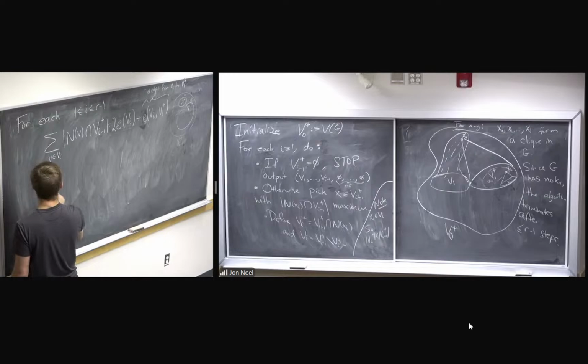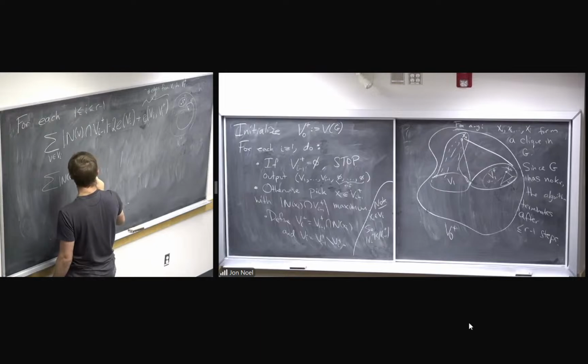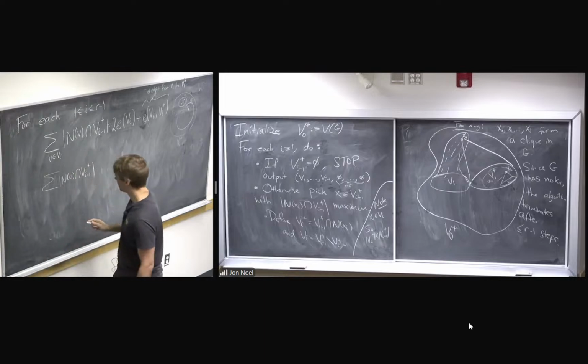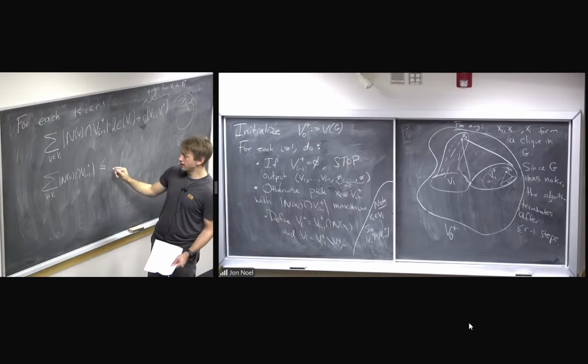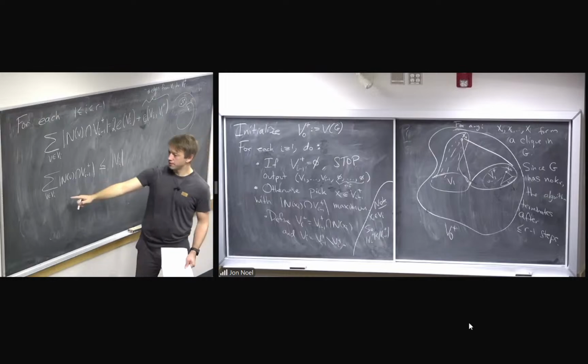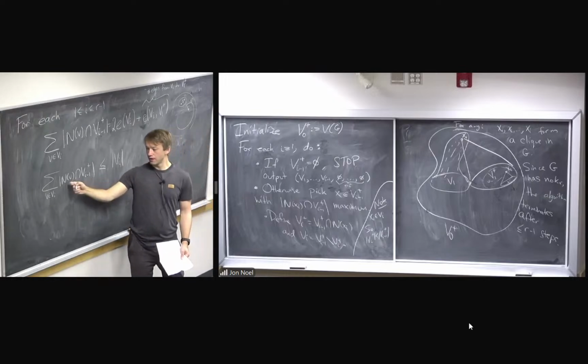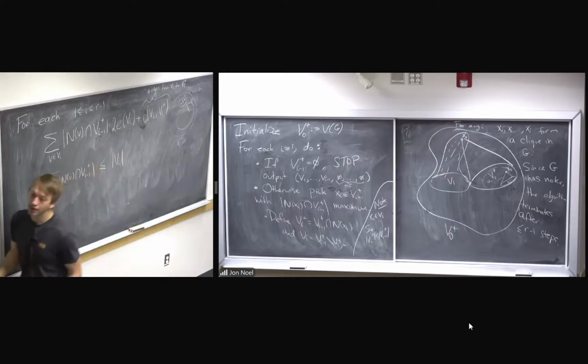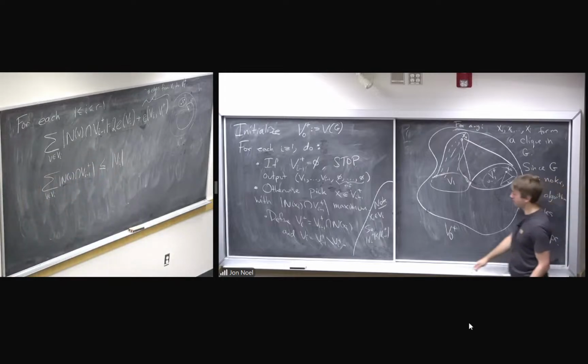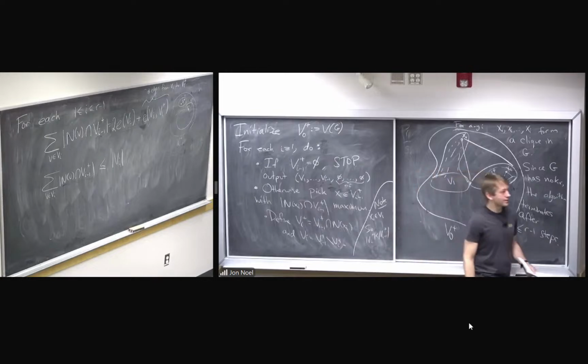I can also say that by definition of my vertex x_i, for each vertex v, this is maximized when v is equal to x_i, because that's how I picked x_i to have the biggest such thing.